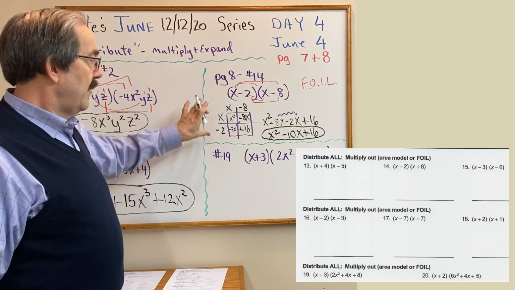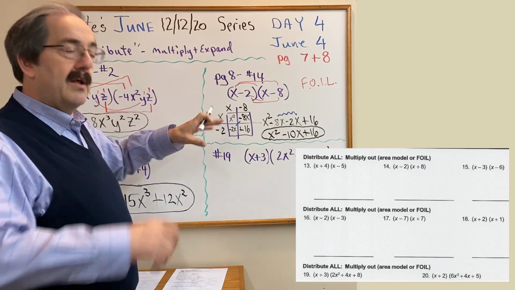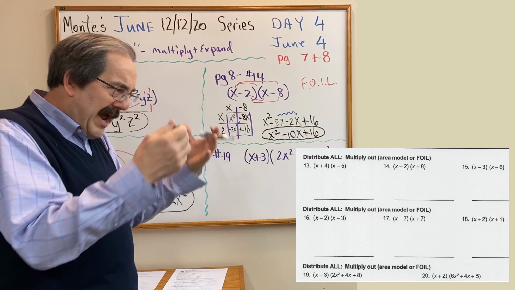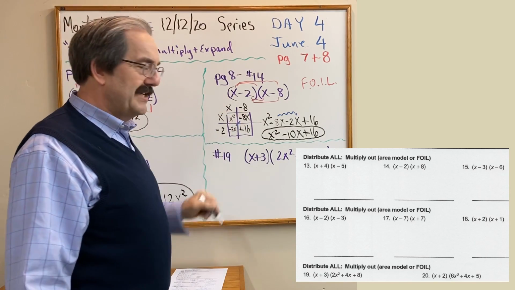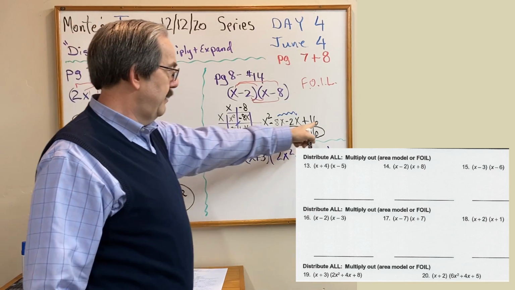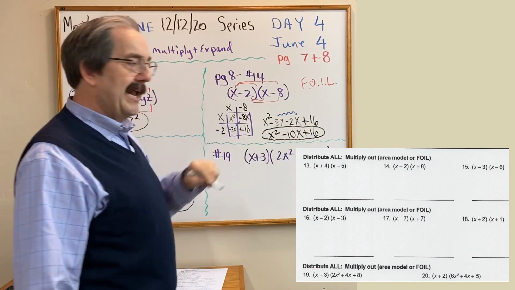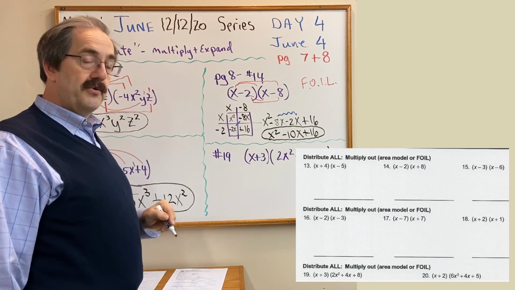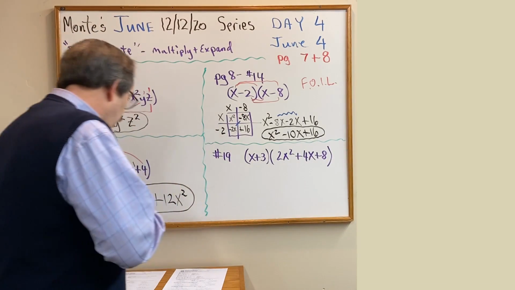Okay? So the area model is a beautiful procedure, strategy, because it helps you identify those terms that go together. Items that multiply to 16 add to negative 10. Negative 2, negative 8.